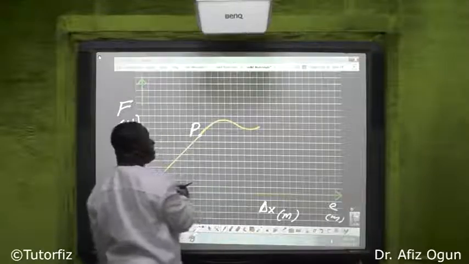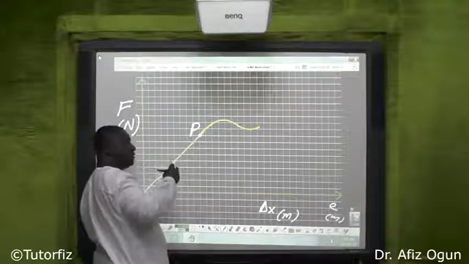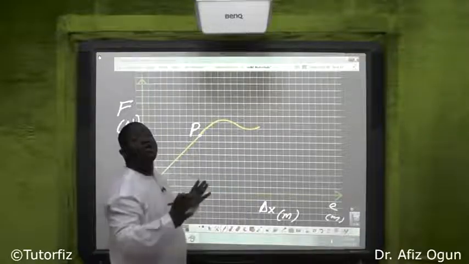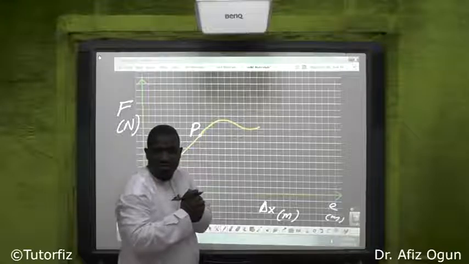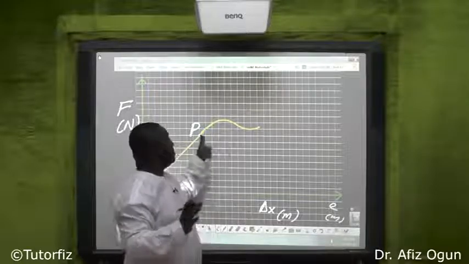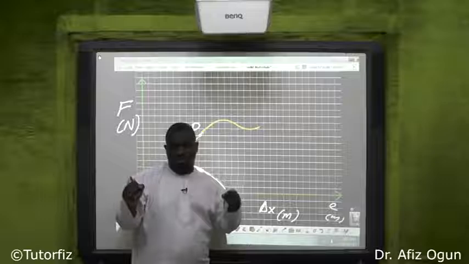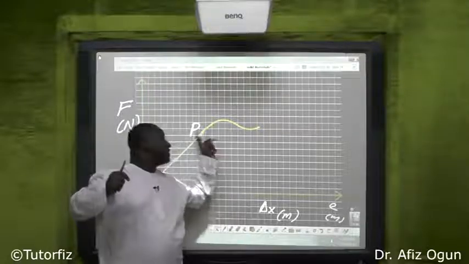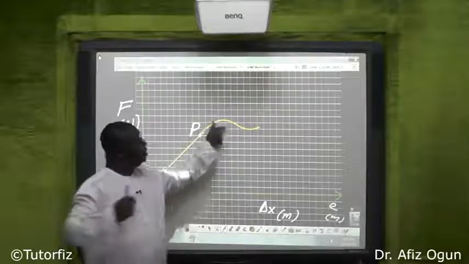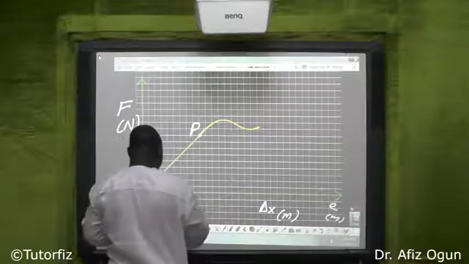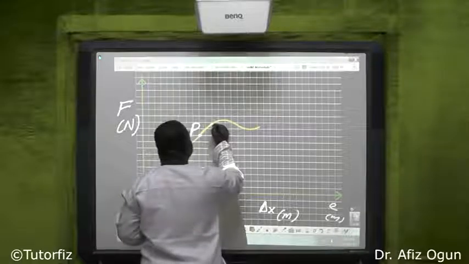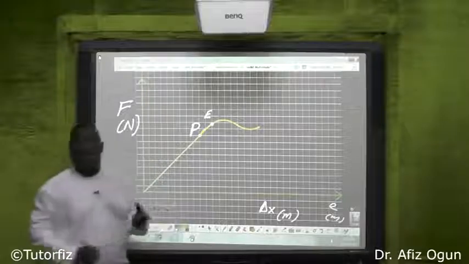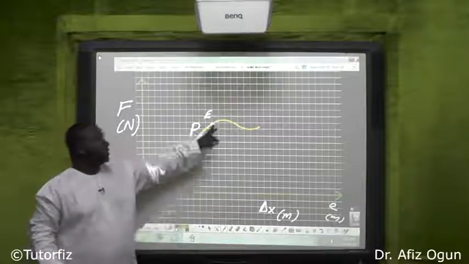It is still elastic. If I pull it even past that place and I release it, it will still come back to its original shape. After P, however, a point will be reached where, if I pull it past a particular point, there's a point here, let's assume, called E, which is called the elastic limit.